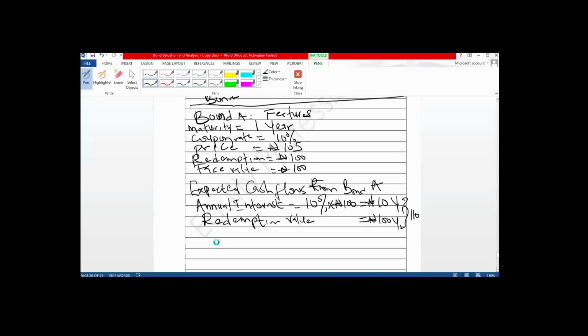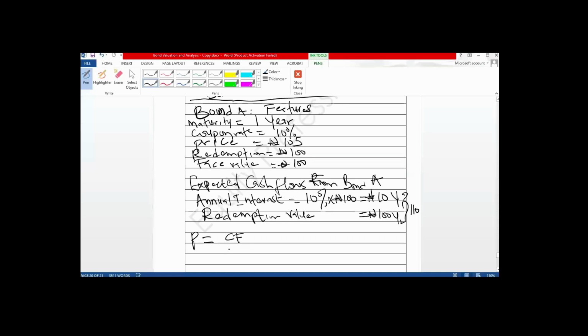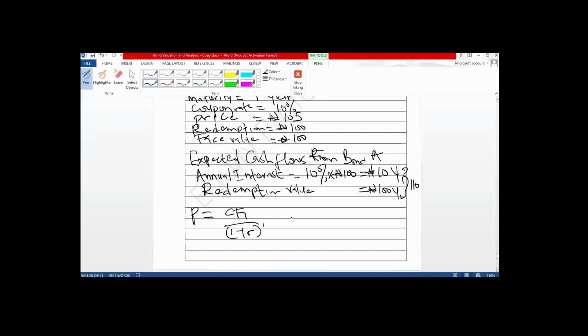Remember, the price of a bond is equal to cash flow in year 1 over 1 plus R in year 1 raised to power 1. This bond is just for 1 year. The price of bond A is 105. Cash flow from bond A in year 1 is 110 over 1 plus R in year 1.